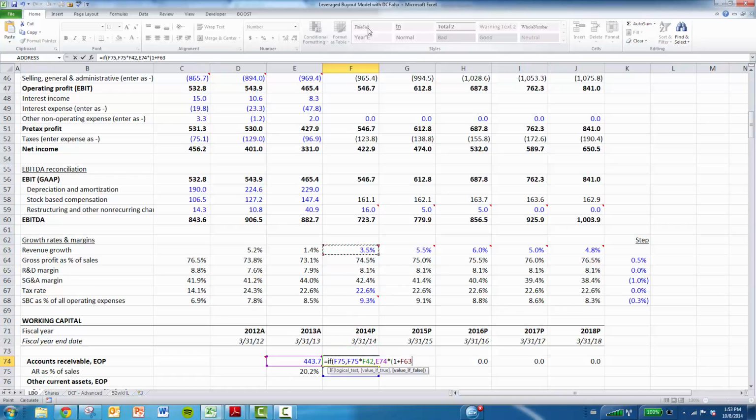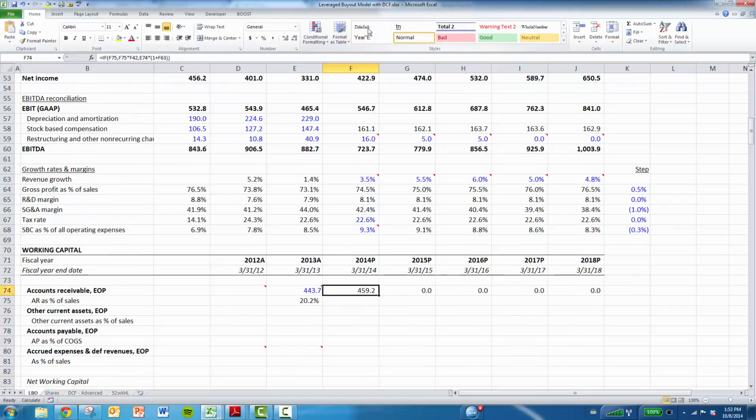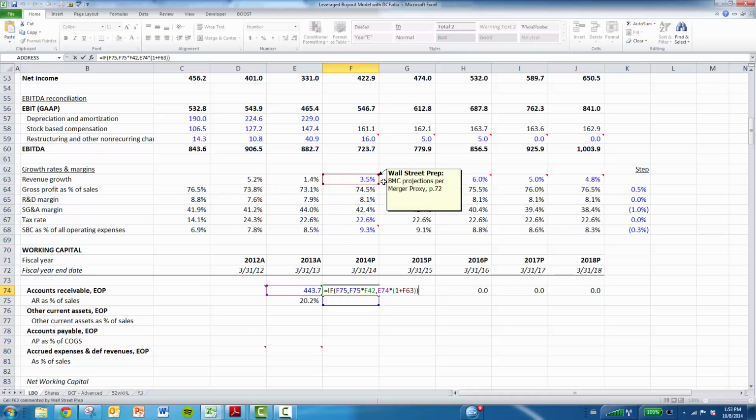Now let's pause and take a look at that for a second. Let's close that parentheses. Now what Excel is doing is saying, hey, there's nothing in this cell, so I'm going to regress to a standard relationship, which is accounts receivable growing at the rate that revenue is expected to grow, which should make logical sense, right?